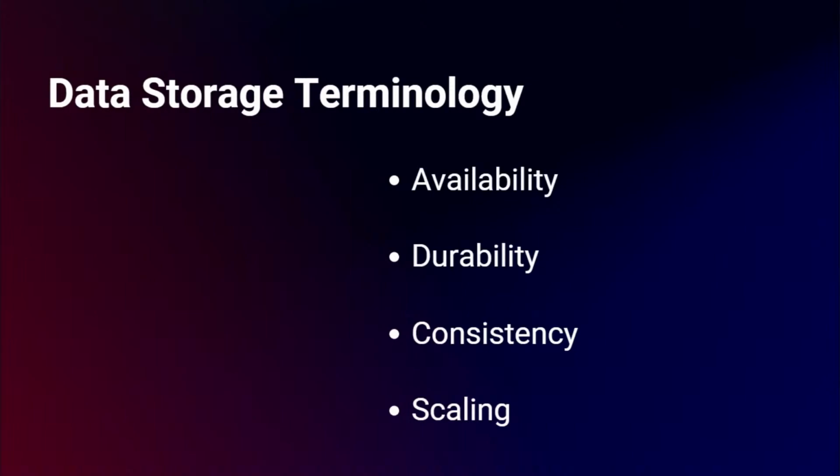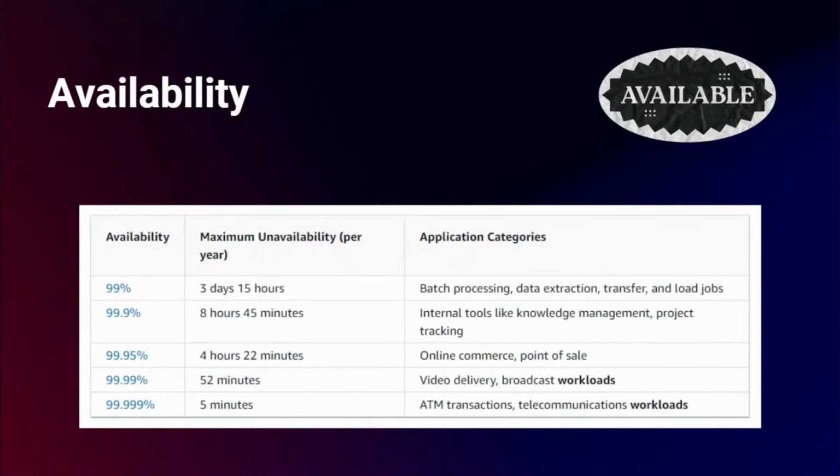Before starting with these things, you want to have an idea of the terminology related to data storage. For example, what is availability, what is durability, what is consistency, and what is scaling. We'll start with availability first. What is availability?